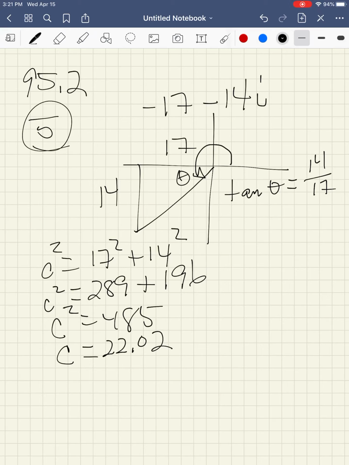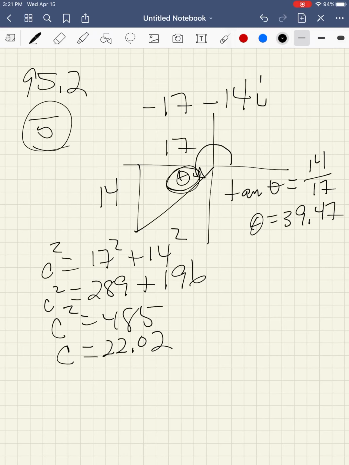Except that I didn't divide the right number. Sorry. I put in 1 divided by 17 instead of 14 divided by 17. Okay, now let's see. That's better. 39.47.